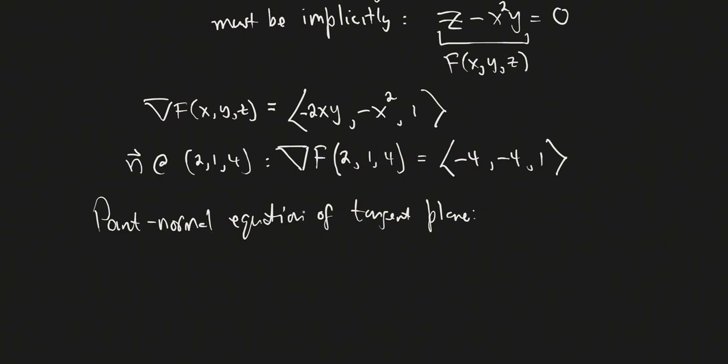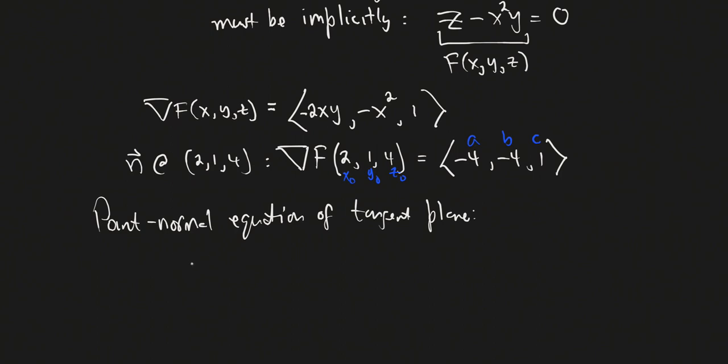So as far as the formula for the plane, we used A, B, C to represent the components of the normal vector, and then we used x0, y0, z0 to represent the point that the plane passes through.